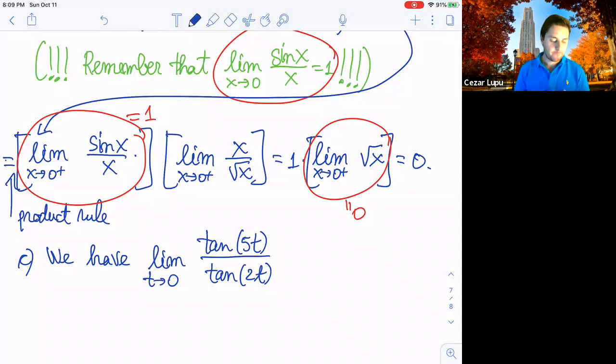Well, if we plug in t equals 0, you will get the same thing, undefined, 0 over 0. So maybe we should do something about it.